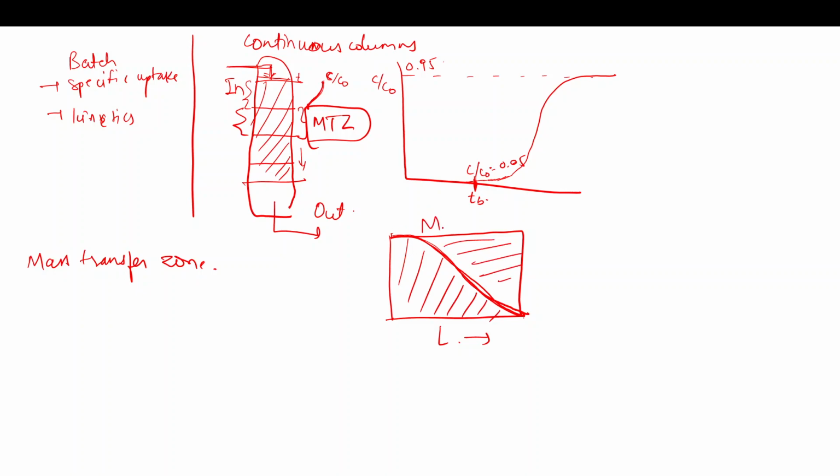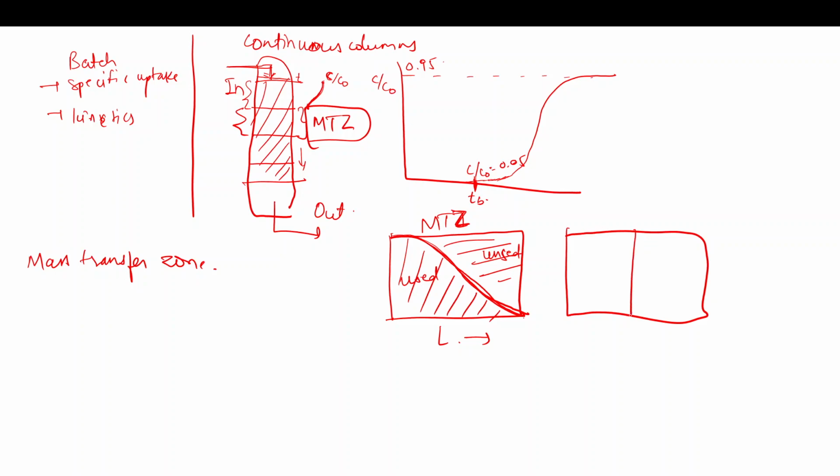So in one mass transfer zone, you can say there will be some S-shaped curve formed, and this lower portion will be used and the upper portion will be unused. So if you consider the ideal case, then this will be equal. Okay, right?